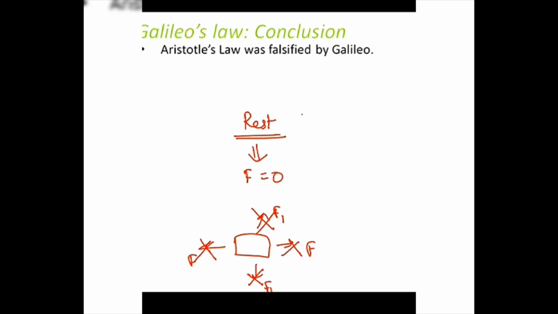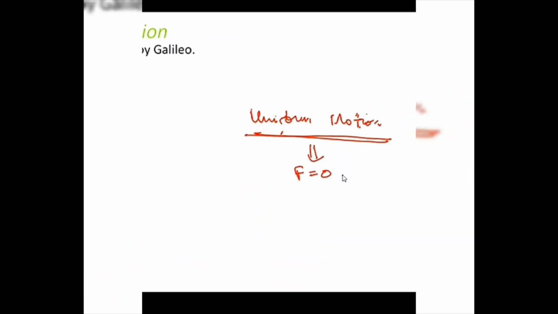There is another scenario, when the body is in uniform motion. Now see, in this case, the body is moving with constant, uniform velocity. So here also the net force acting on the body is zero. Because when some external force is applied, what happens to velocity? The velocity increases, or when there is some obstruction, the velocity may decrease.